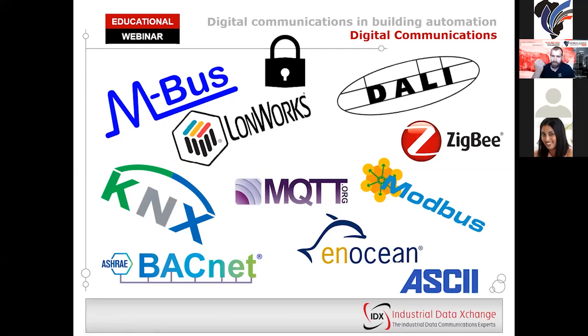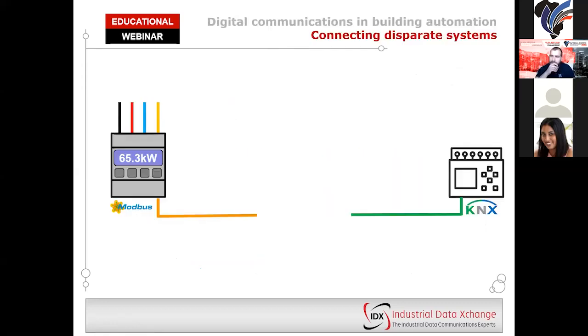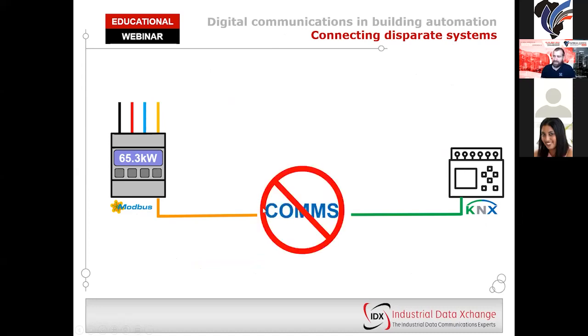They're two different languages. So how could I connect those together? In this representation, this power meter over here, measuring my total power usage, can talk Modbus. My controller can understand KNX, but these actually can't communicate because the languages are mismatched. They wouldn't be able to share data between themselves.